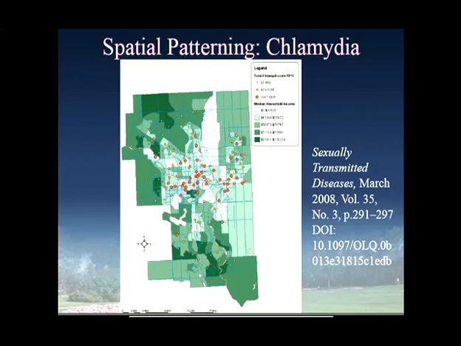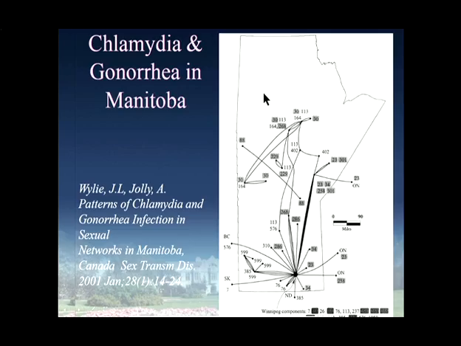And we know that there's big disparities in terms of the spatial patterning. For example, this is the sexually transmitted infection chlamydia within Regina, and you can see these big disparities associated with household income and correspondingly with the chlamydia rate.